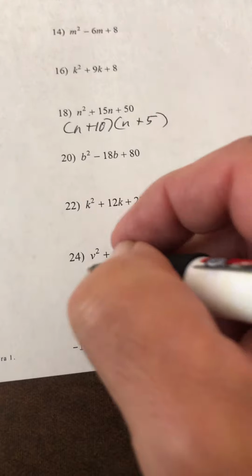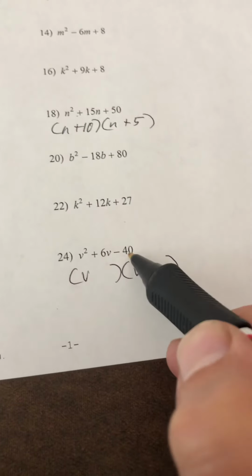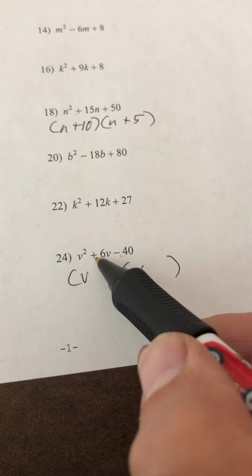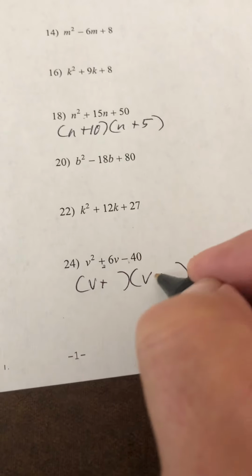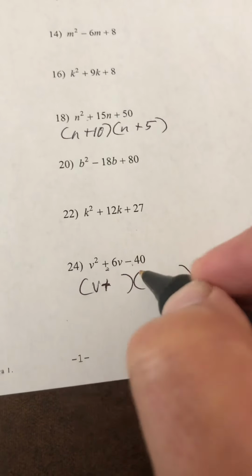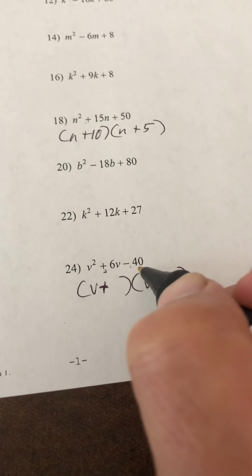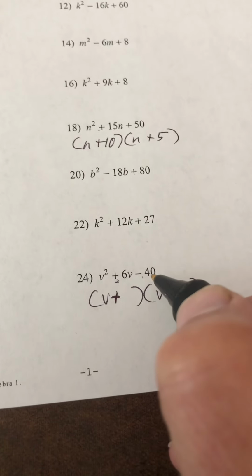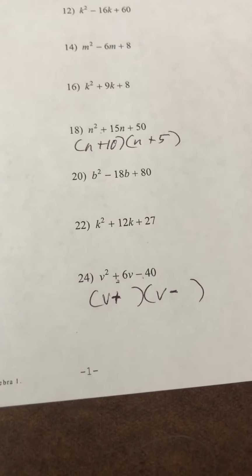And might as well do the last one, a bonus one here. So this could be v, and this could be v. One's going to be positive and one's going to be negative. The bigger one's going to be positive to make this positive. For 40, 8 and 5, but that's only a difference of 3, so that would be positive 3.